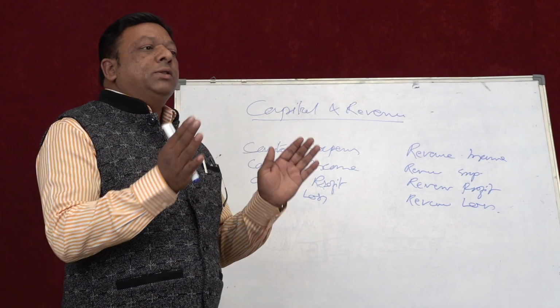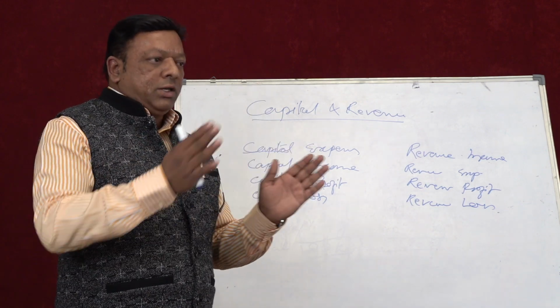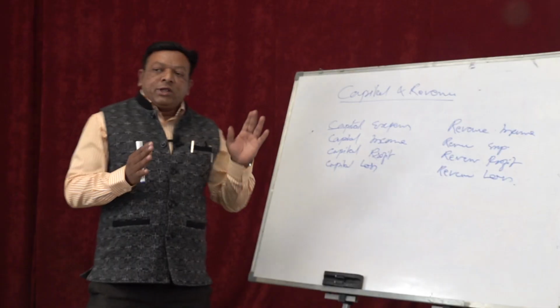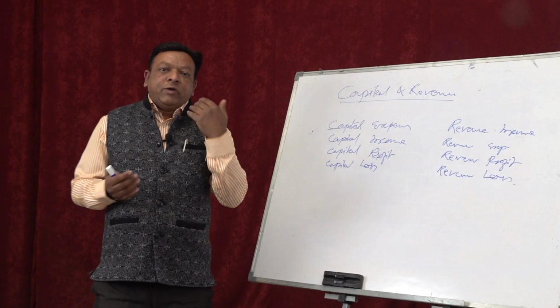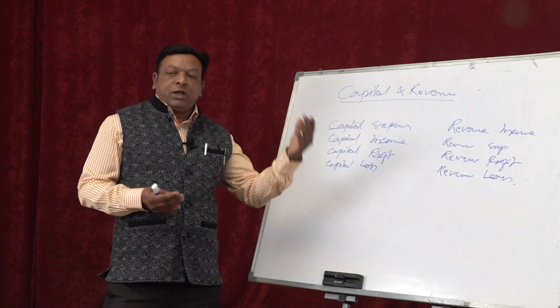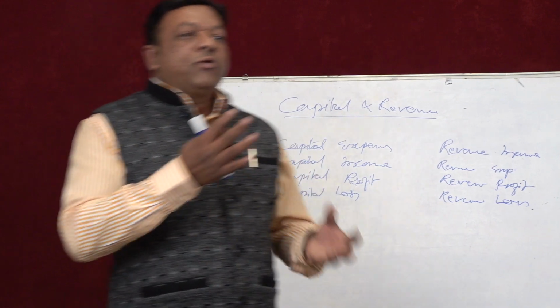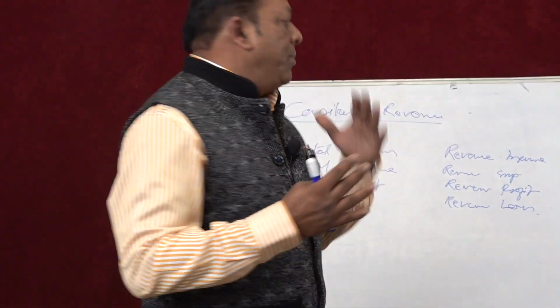Between these two points all the activities take place, and whatever expenses we pay for that is revenue expenditure, and whatever we get out of that transaction is revenue income.